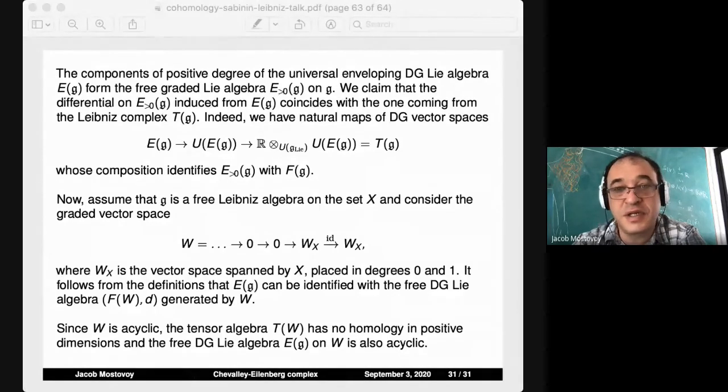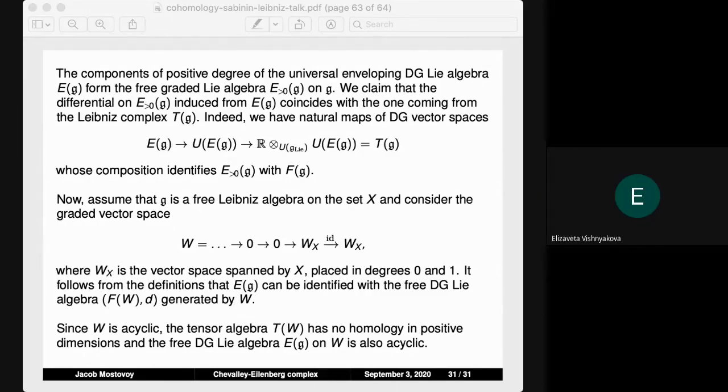The relations are that you want your bracket on the DG Lie algebra to be compatible with the Leibniz bracket. This is all. So when you take the quotient, you still get something like a free Lie algebra on a vector space of degree 1. So it's a big thing, but this is an explicit definition. I hope this clarifies things.